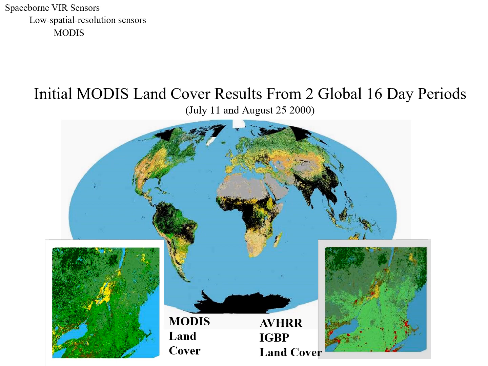So this is from two 16-day periods, just comparing MODIS, the more advanced, more recent sensor, with AVHRR land cover. And you can see quite a difference in being able to bring out a wider range of distinctions in, say, forest cover than you were able to with the earlier sensor.